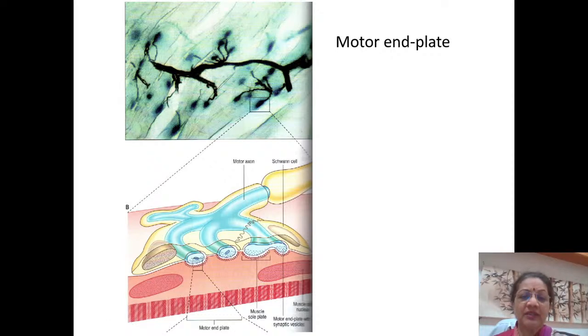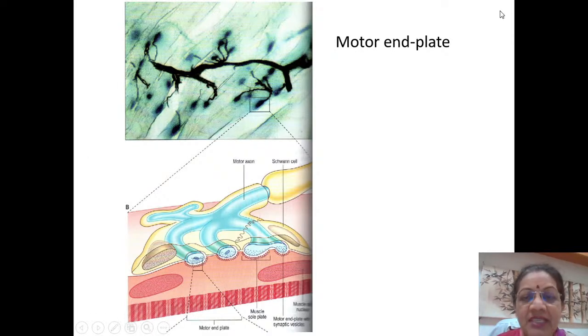So the motor end plate is the motor axon ending, and the muscle sole plate is the muscle side receiving surface with a very corrugated shape. The nerve side is not corrugated, it's very smooth, but the muscle side is very corrugated, increasing the surface area of the contact, of the congruence between the ending of the nerve and the receiving part of the muscle.